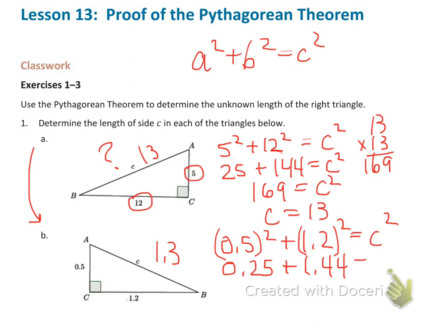Just got to get the decimal point in the right place on these. So that equals C squared. So this would be 1.69 is equal to C squared. And if you check it out, 1.3 times 1.3 will equal 1.69. So that's our value for C.